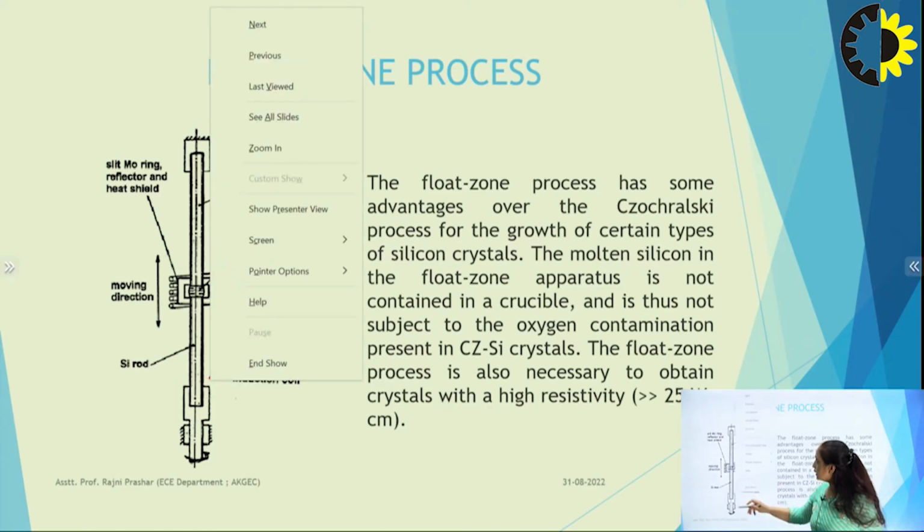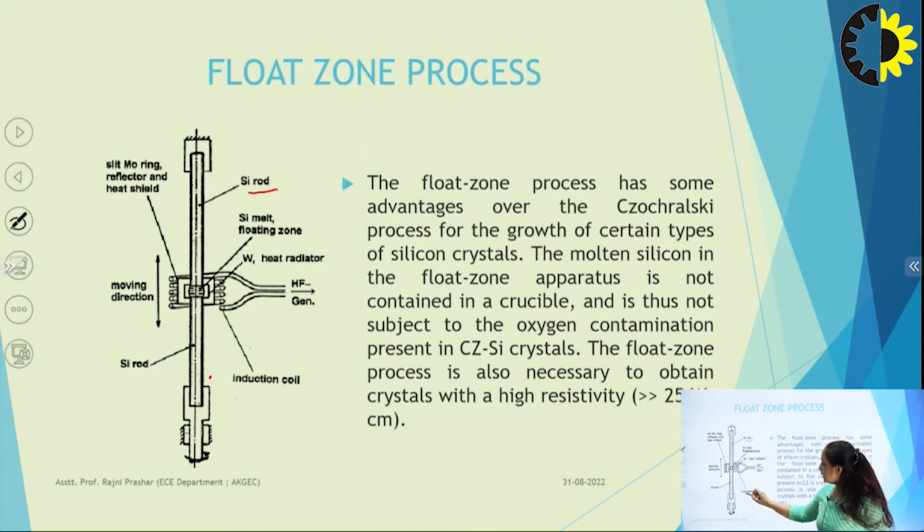Suppose we have a silicon seed here, and we have this RF heater, and we can move that RF heater in the upward and downward direction. And with the help of this heating process, when this rod comes in contact with the silicon seed, that will be melted, and the properties of the silicon seed will be transferred to the silicon rod.